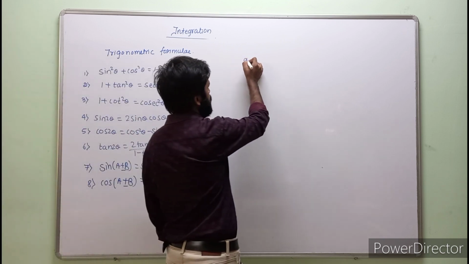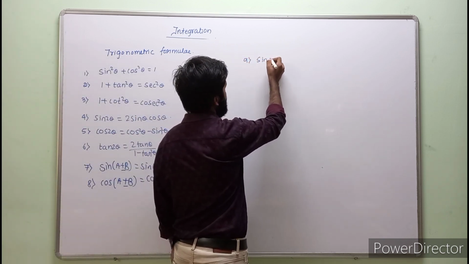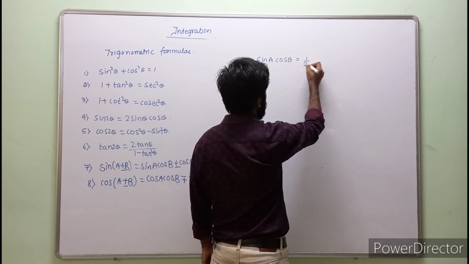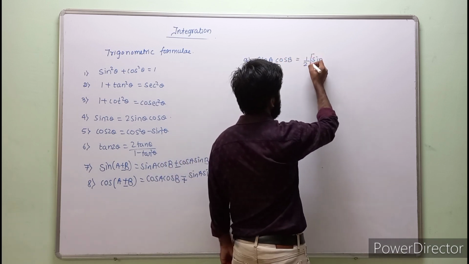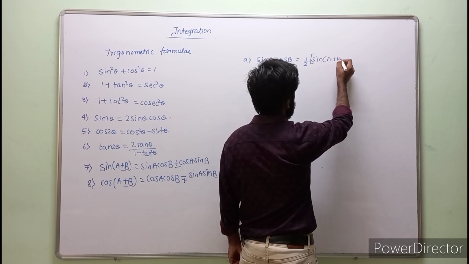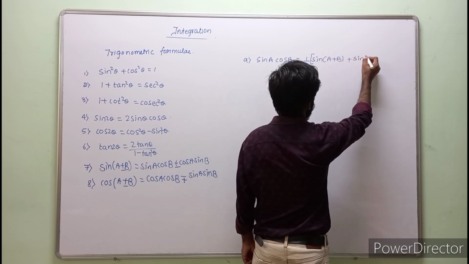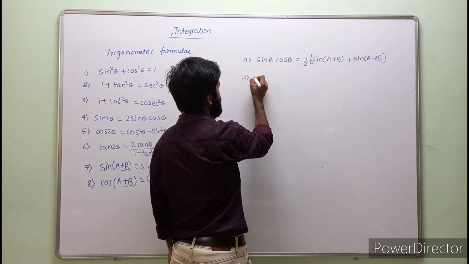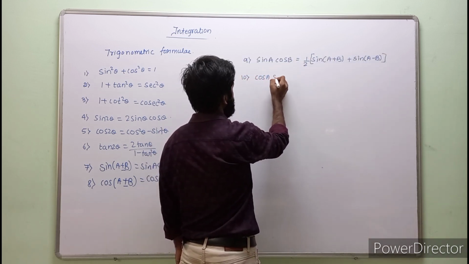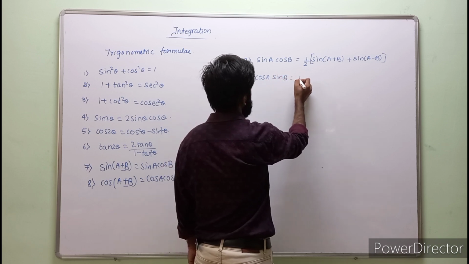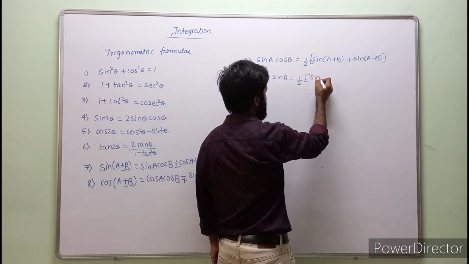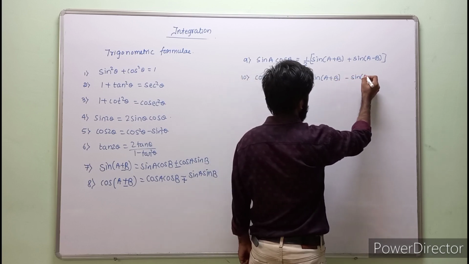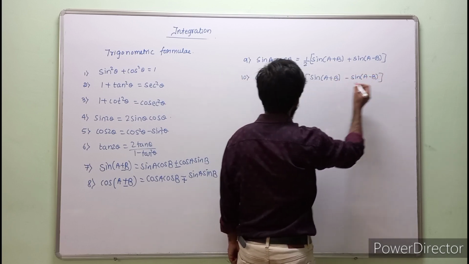We also use what? Sin a into cos b is nothing but half of sin of a plus b plus sin of a minus b. Okay, so 10th one, cos a into sin b is half of sin of a plus b minus sin of a minus b.